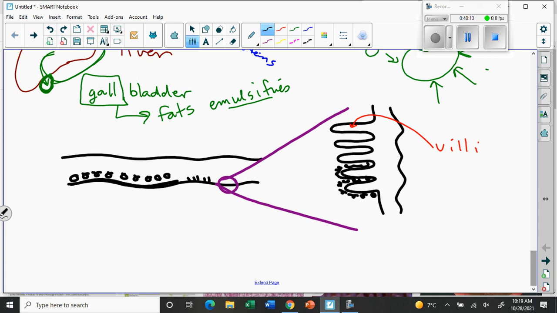So that's what we mean by the surface area. There's more space for stuff to be absorbed, because now we're at the point where things have broken down so much. The molecules are small enough that they can now be brought into the bloodstream.